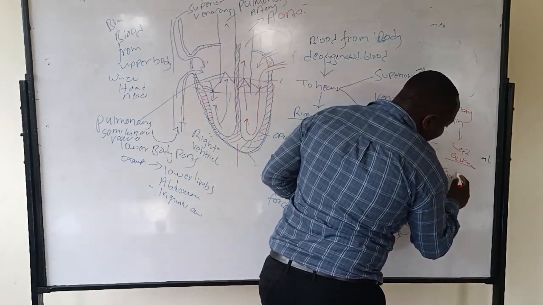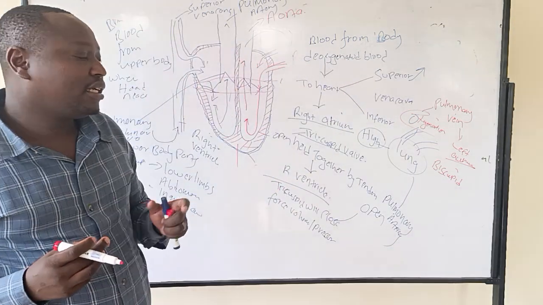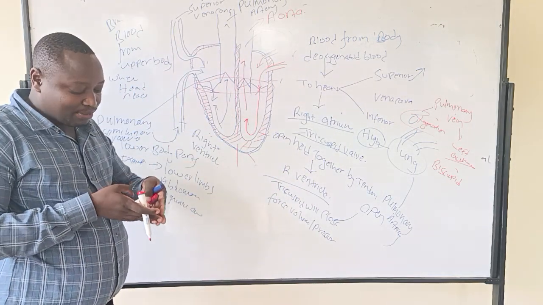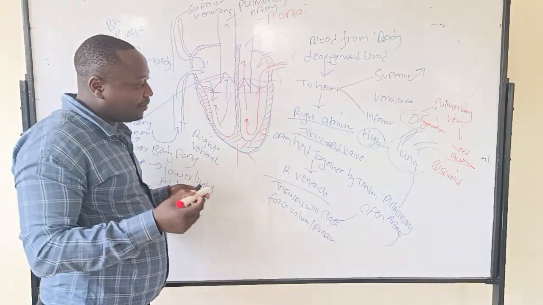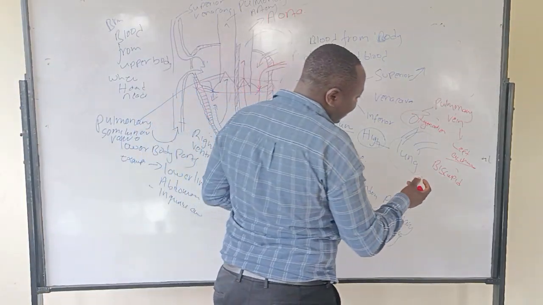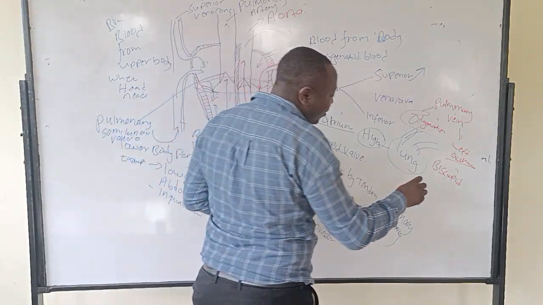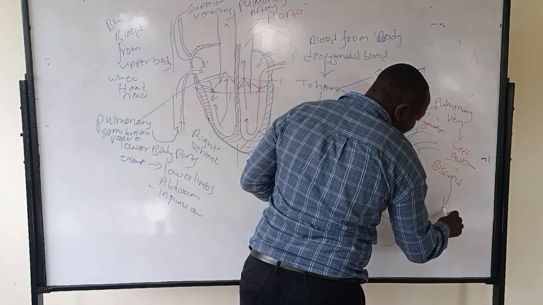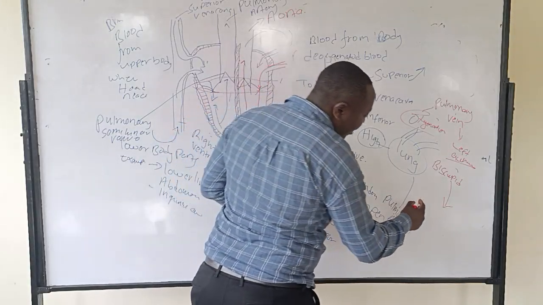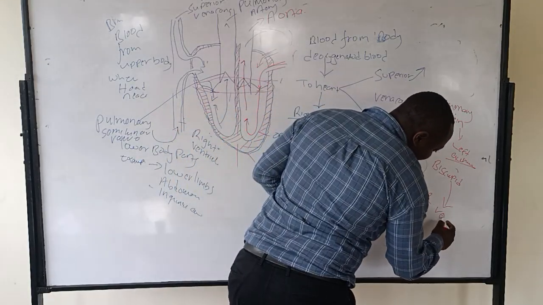And remember, we said that it has two cusps which hold it together. Then when depolarization happens, it allows the blood to flow to the left ventricle.